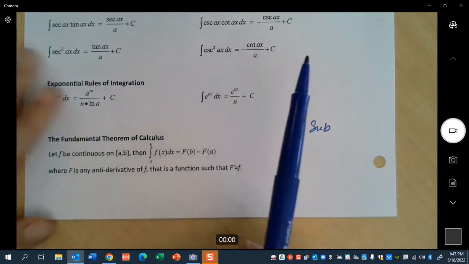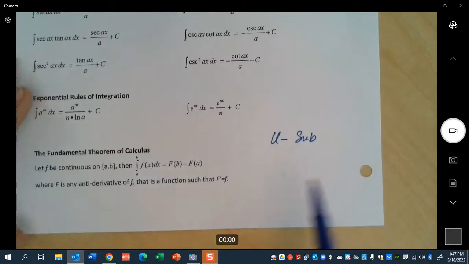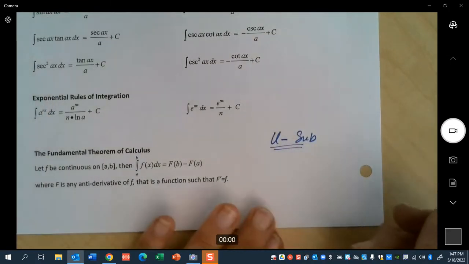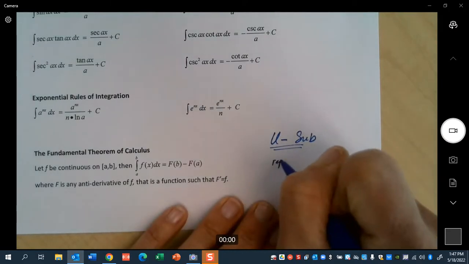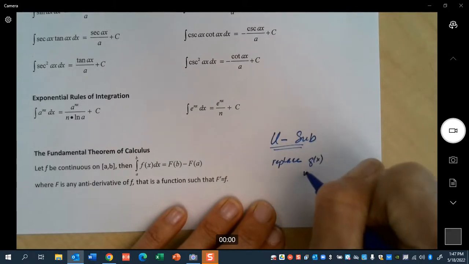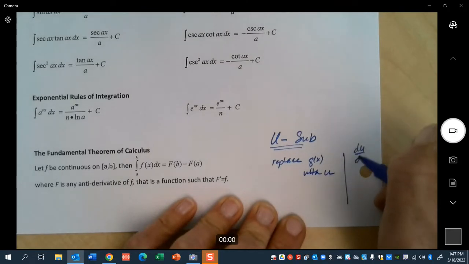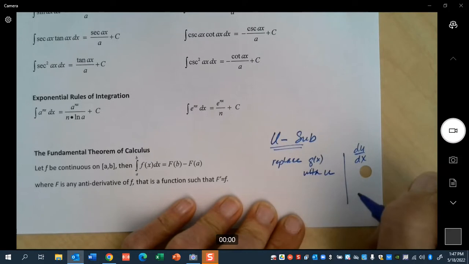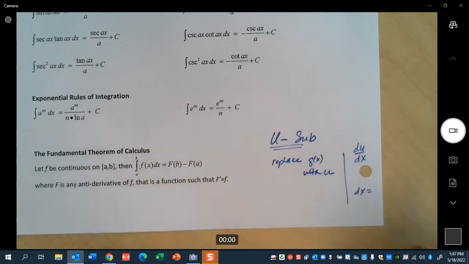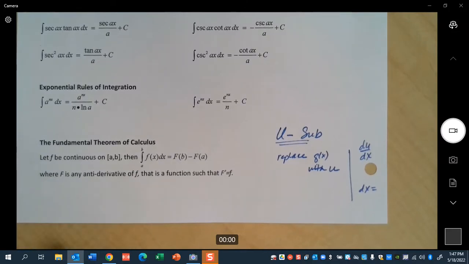Because if you're in a situation where you can't simplify it, then U substitution is going to be your strategy, where you're going to replace your inside function with a U. And then remember, we came over and we found the derivative of that, solved for dx, and then that was what we substituted back in to help us work with U substitution. We'll do some of those later on today. Make sure you have a chance to ask your questions.